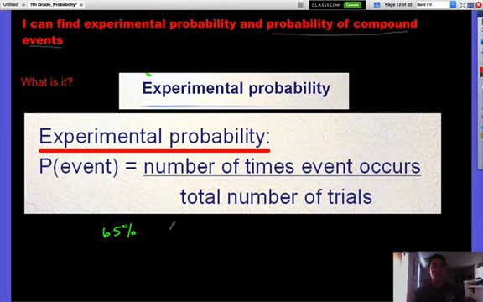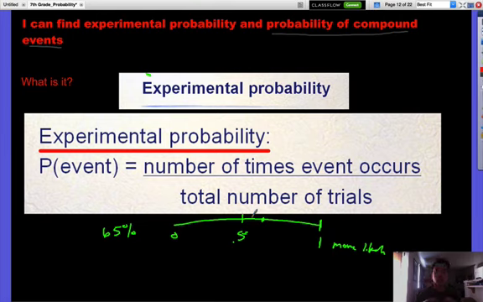Remember that 0 means 0 chance, and then we go all the way up to 1 being 100% or more likely. So we have 0.5, that 50%. So 65% is going to be somewhere around here on the more likely side.